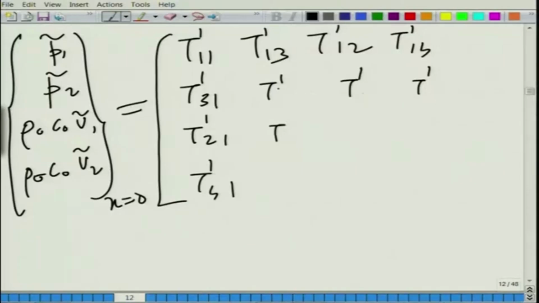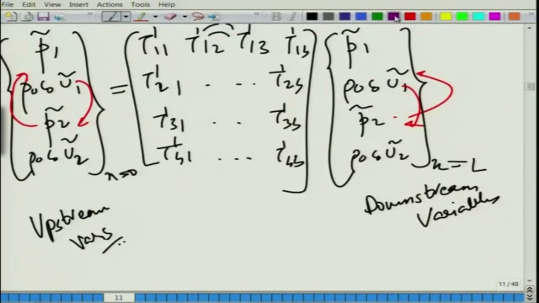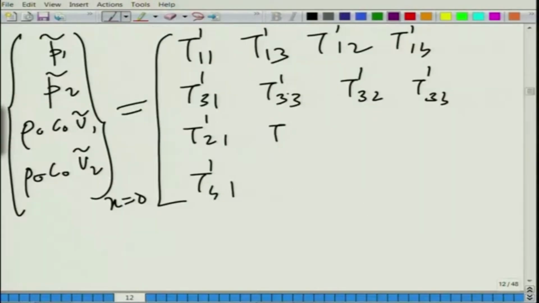This will become T33 and T32, T34, because remember we have just interchanged this row, this entire row comes here, and we are just shuffling across the different columns. So, this is really your T33, T33 will come in this place and so on. So, this will become T23, T22, and it will be something like this.